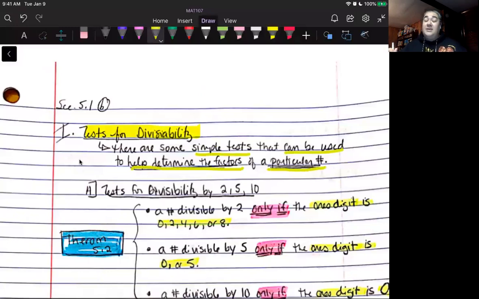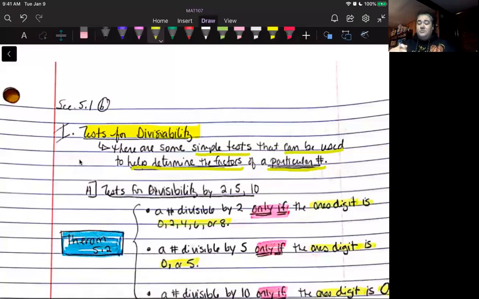Think composite number here. Although we can talk about prime numbers, a prime number is defined as a number that has only two factors, one and itself. In terms of divisibility, it will only be divisible by one and itself as well. So we're going to focus on composite numbers.